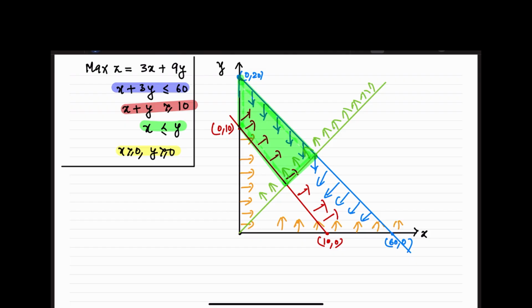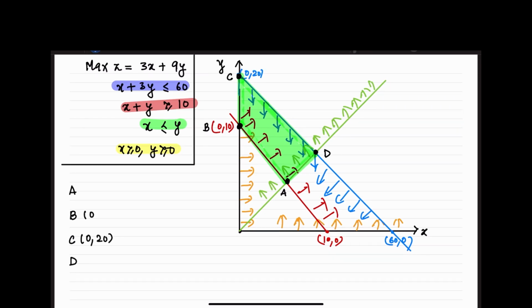What are the corners? This is a corner. Move this side, you get this as a corner. This is a corner. This is a corner. So you have 4 corners. Let's say this is A, this is B, this is C, and this is D. We need to find the coordinates of A, B, C, and D. C we already know: 0, 20.